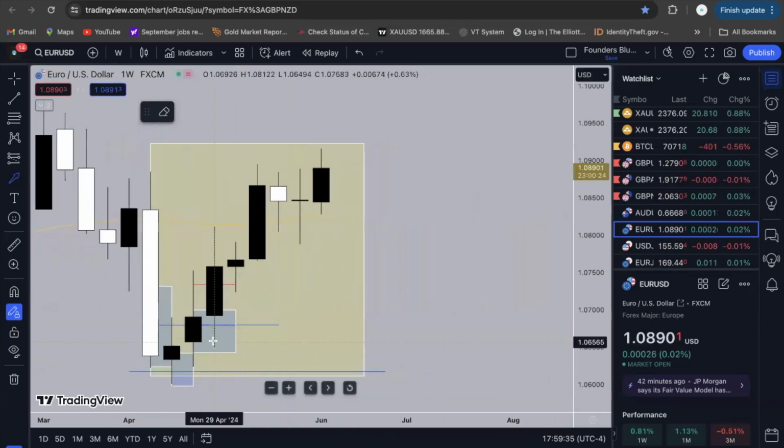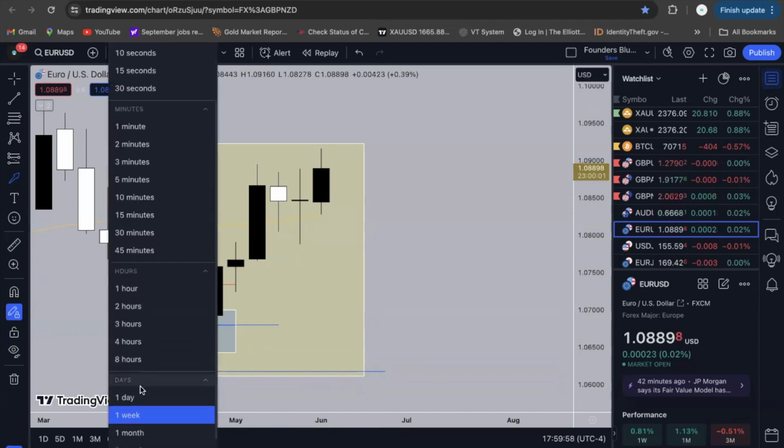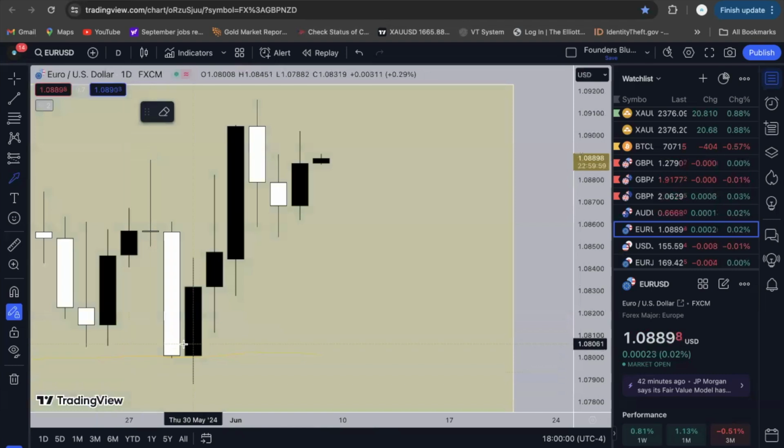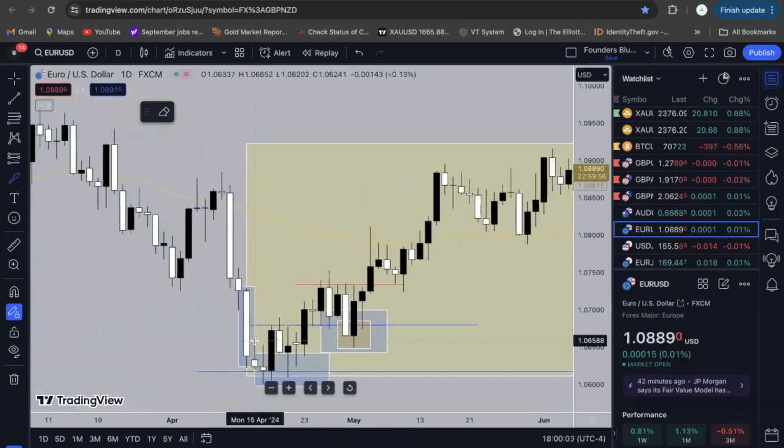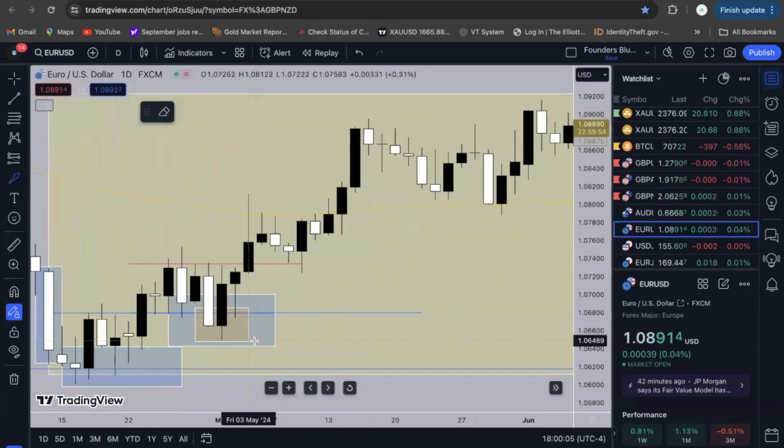Y'all see that? Never broke. It had a wick, right? It attempted to break, but sellers no longer had any strength to continue pushing lower. Whenever you see this candle close like that, it potentially could push lower.